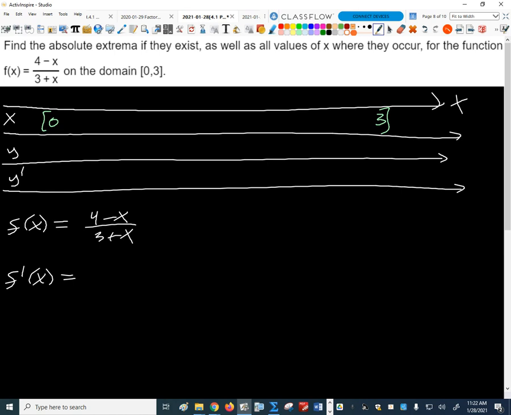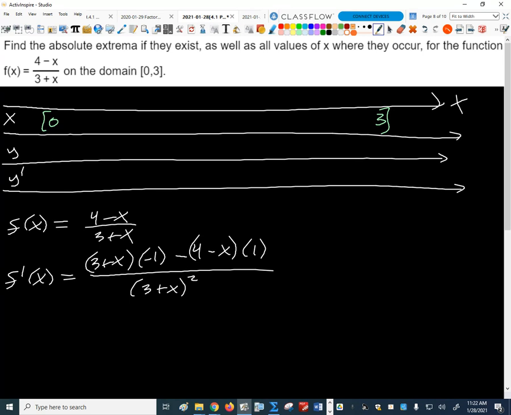So f prime of x, I'm going to get low d high: 3 plus x times the derivative of the top, which is -1, minus the top times the derivative of the bottom, which is 1, divided by the bottom squared.